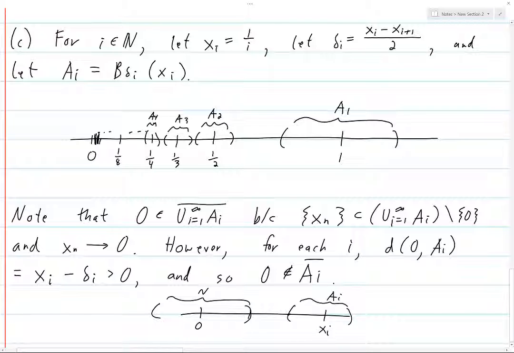This is a neighborhood of the origin, and because there's a positive distance between N and Ai, this neighborhood N does not contain any points of Ai, and therefore 0 cannot be a limit point of Ai. So 0 is not in Ai and it's not a limit point, which means that 0 is not in the closure of Ai.